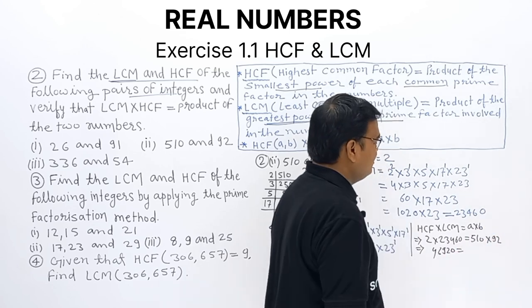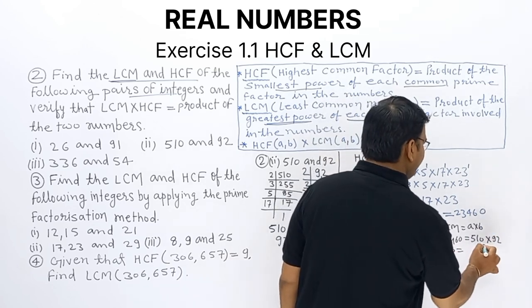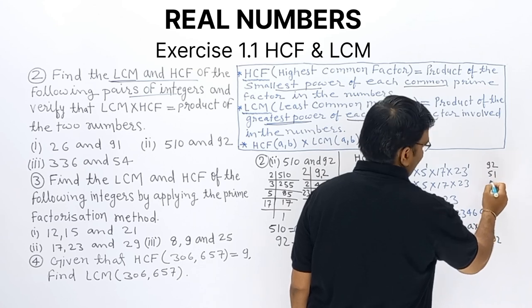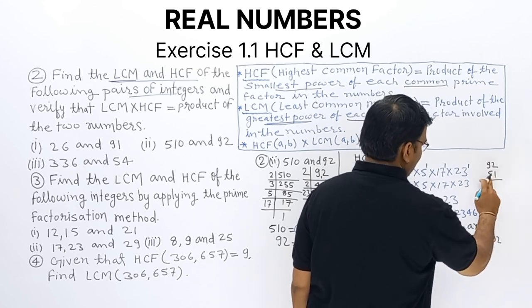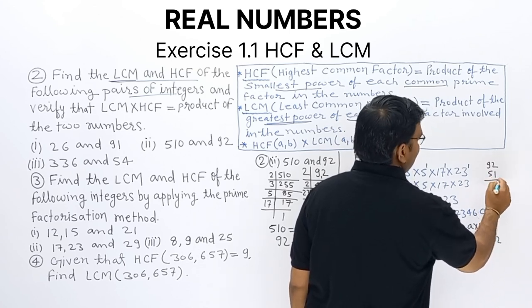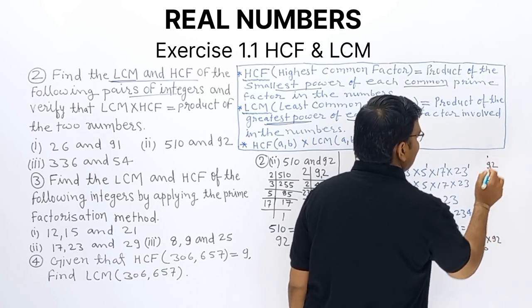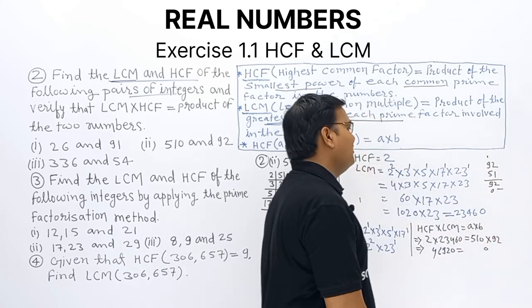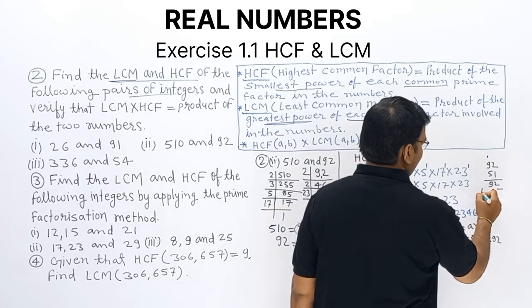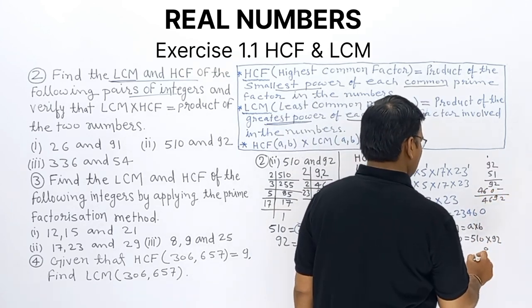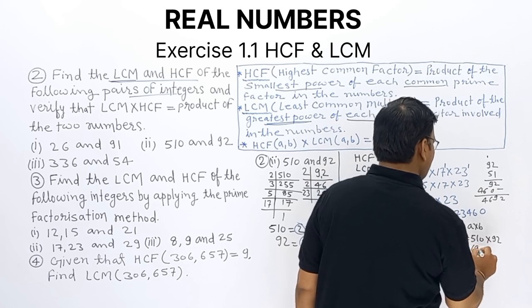On the right hand side, first put 0, then multiply 92 and 51. 2 nines... 5 twos are 10, 1 is remaining, 9 fives are 45, 45 plus 1 is 46, so 46920.